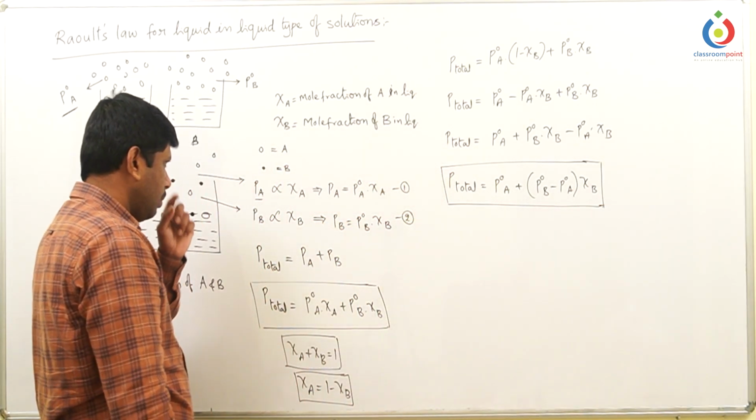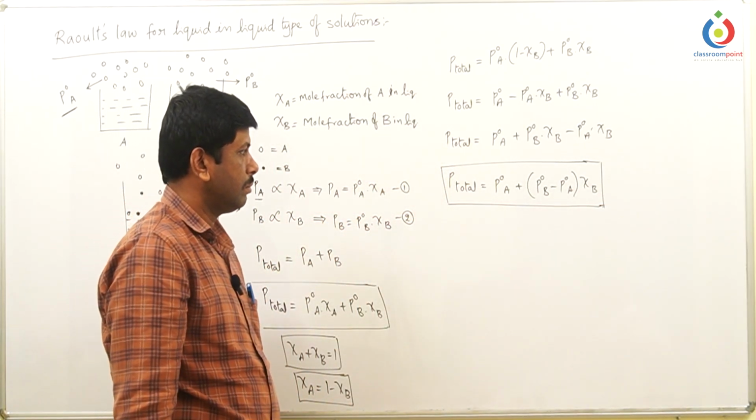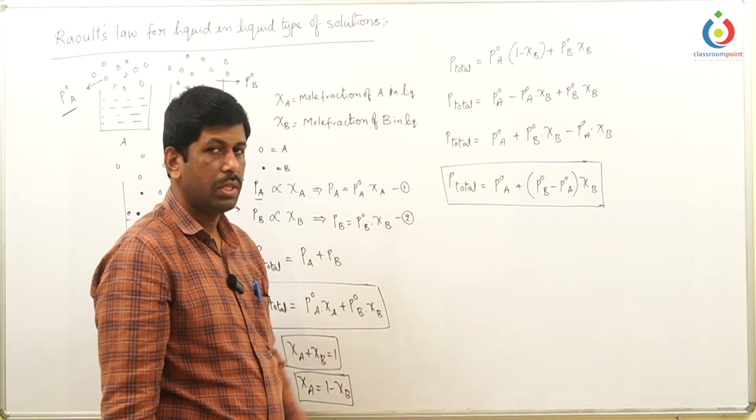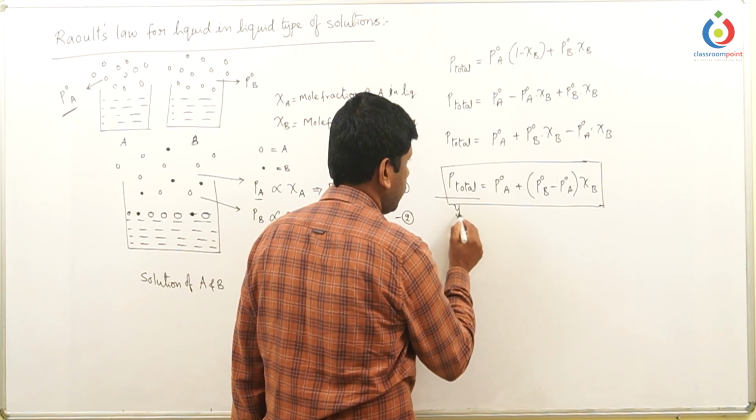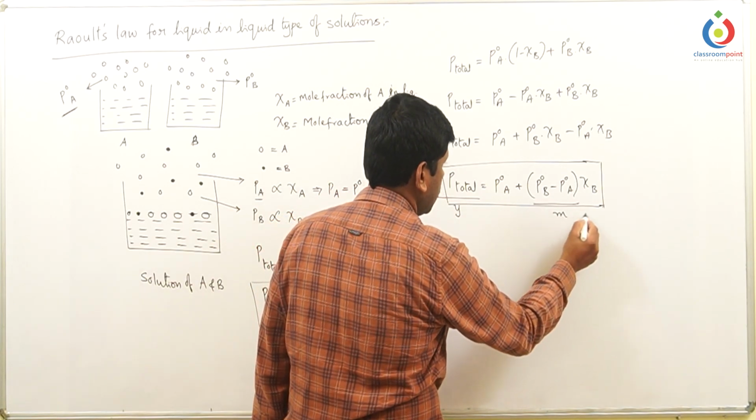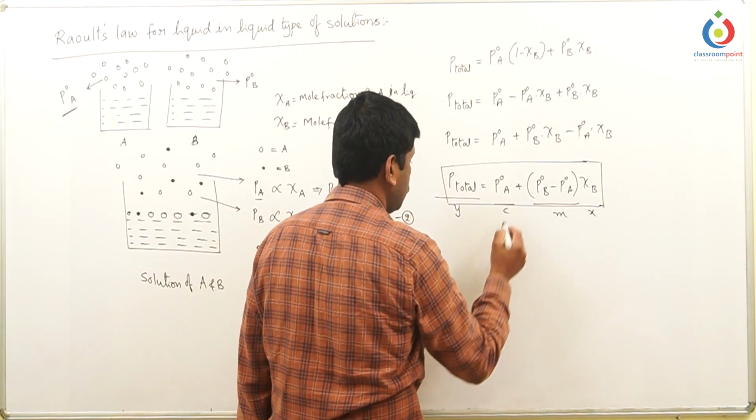So now let us draw a graph between P total versus XB. It comes in the y equals mx plus c form.